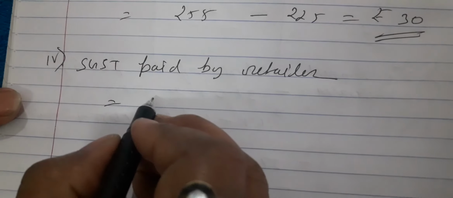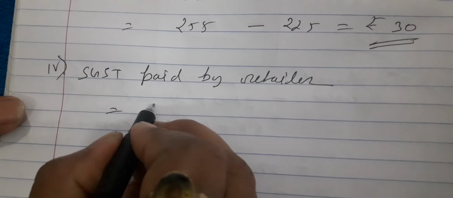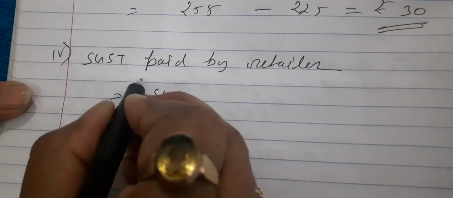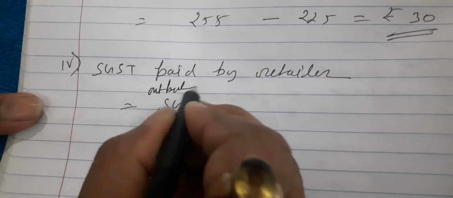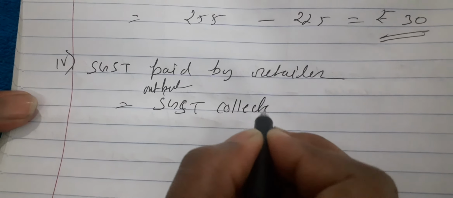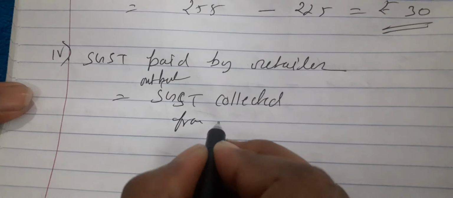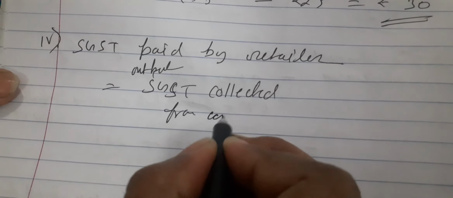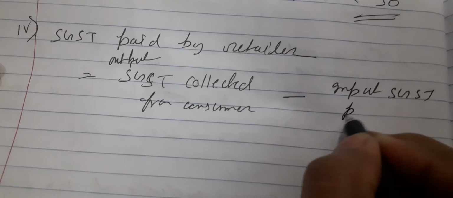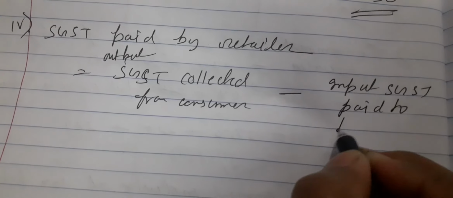SGST paid by retailer is equal to SGST collected, or output SGST collected from consumer or customer, minus input SGST paid to the wholesaler, right?